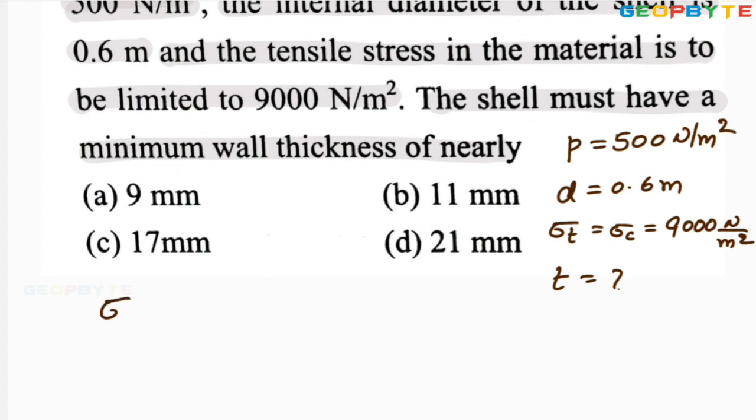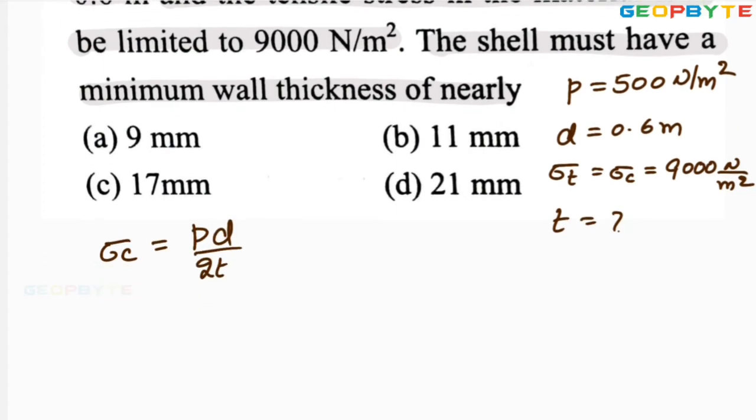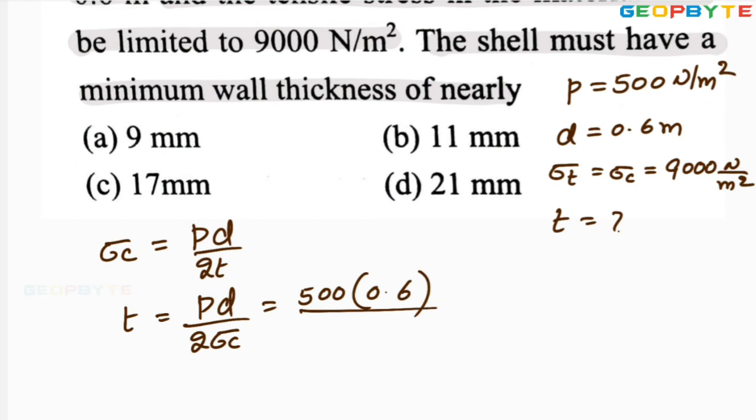As you know, circumferential stress equal to PD by 2T. From this, thickness of the wall equal to PD by 2 sigma c. Here P is given 500, D 0.6 divided by 2 into sigma c is 9000. You simplify this value for getting around 0.017 meter.